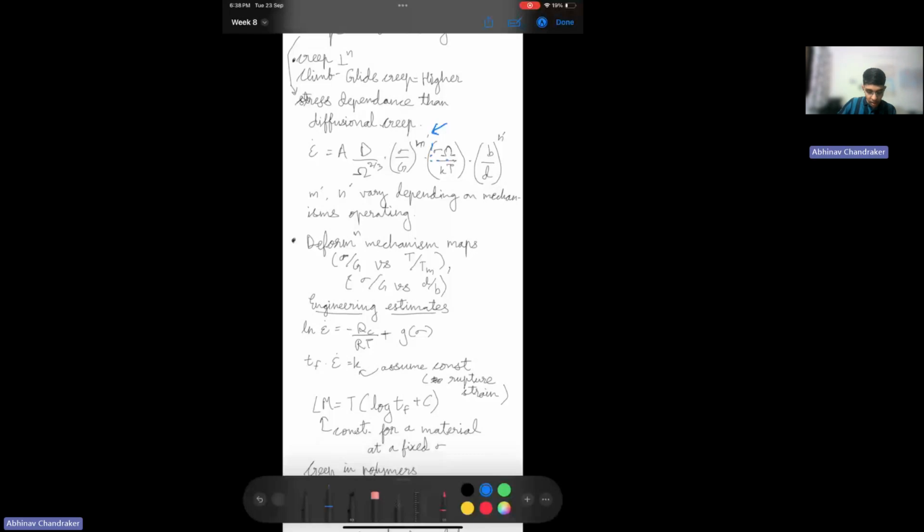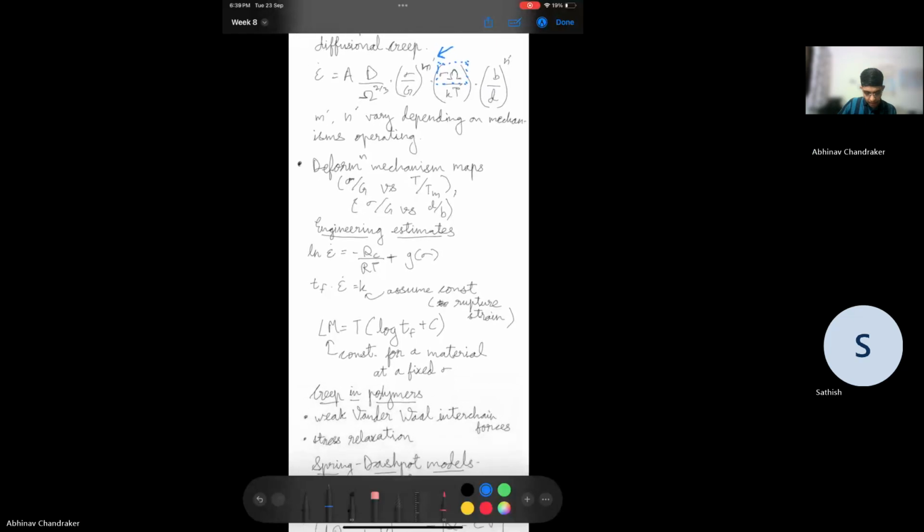Here you have another term, sigma omega, which will have some value, and it basically defines the atomic volume in a way. Sir has taught that in his lectures.